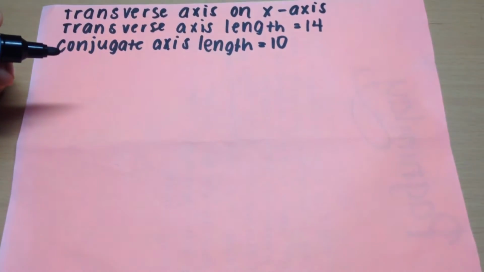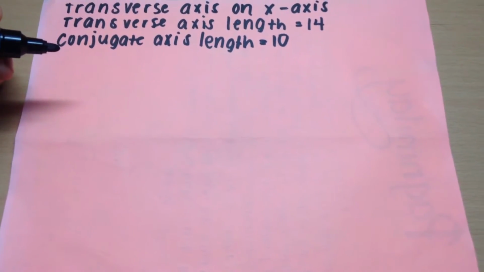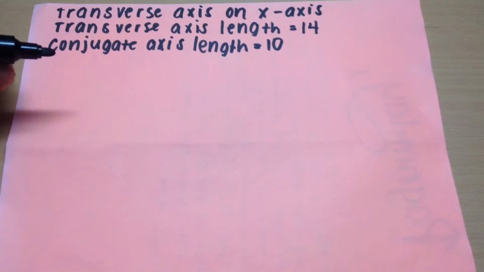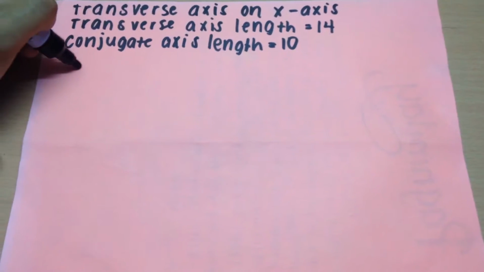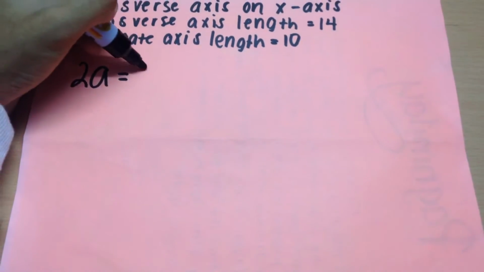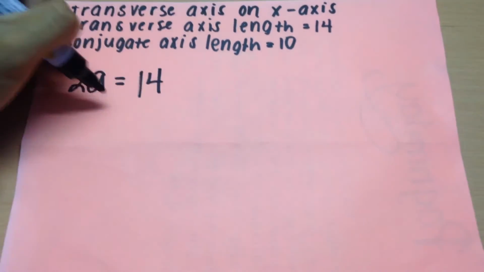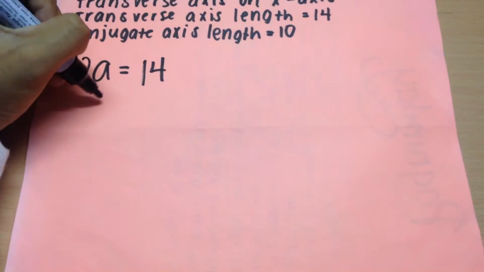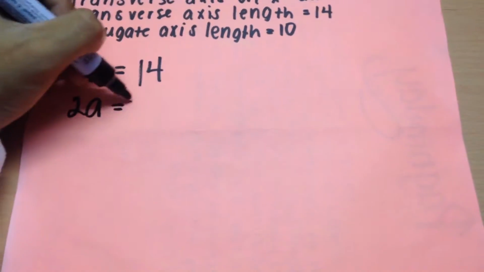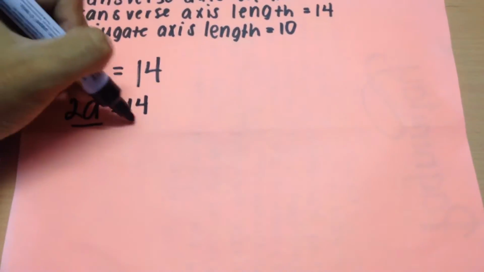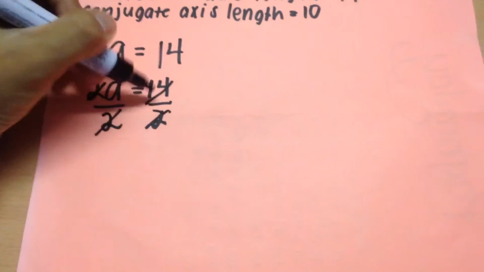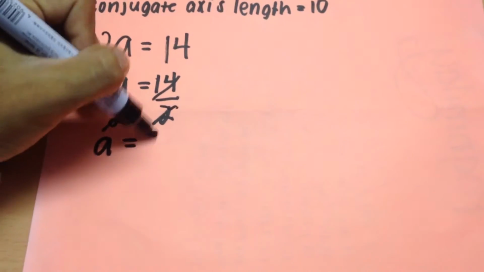To get the value of a and b, we have to equate 14 to 2a and equate 10 to 2b. So 2a is equal to 14, and let's find a. So the value of a is 7.